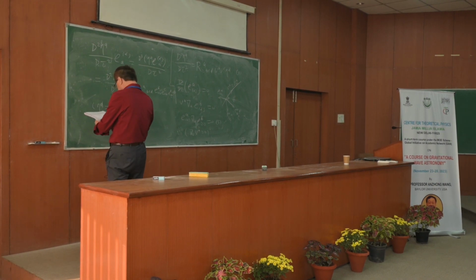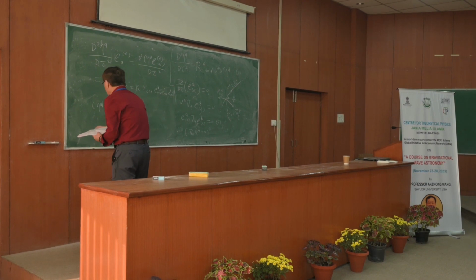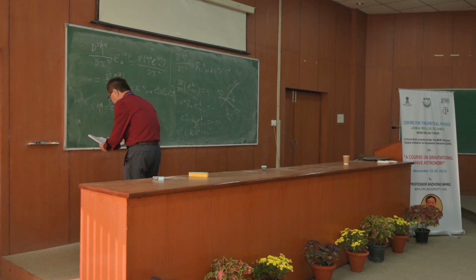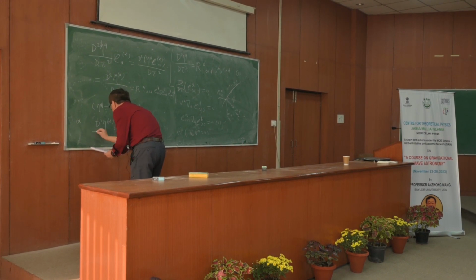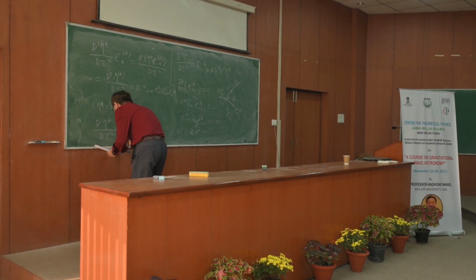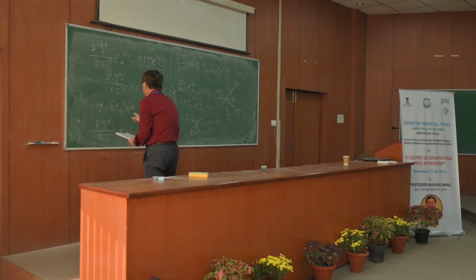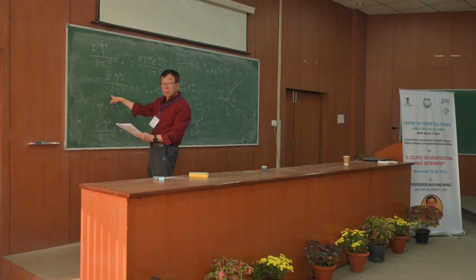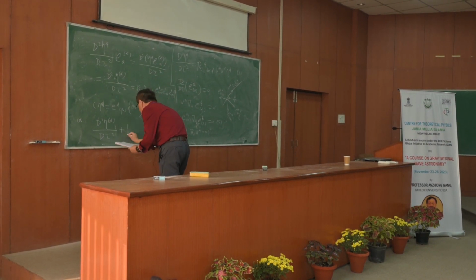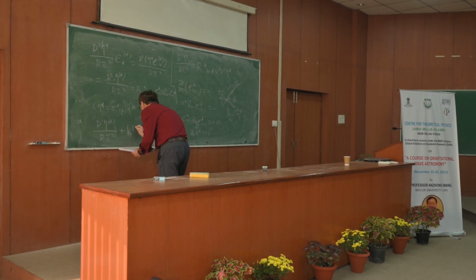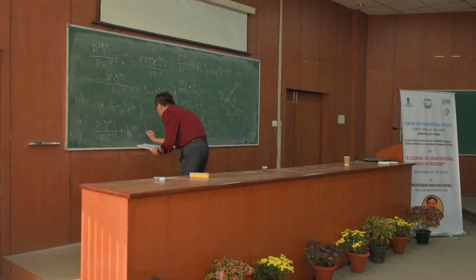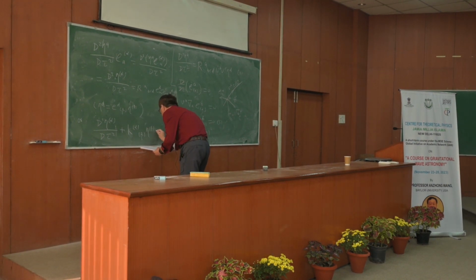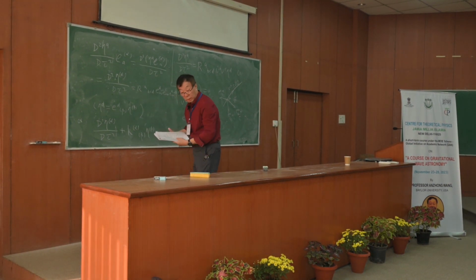Then you can see all we have is the following: d squared eta alpha over d tau squared plus, taking this to the other side, plus K alpha beta eta beta equals 0.